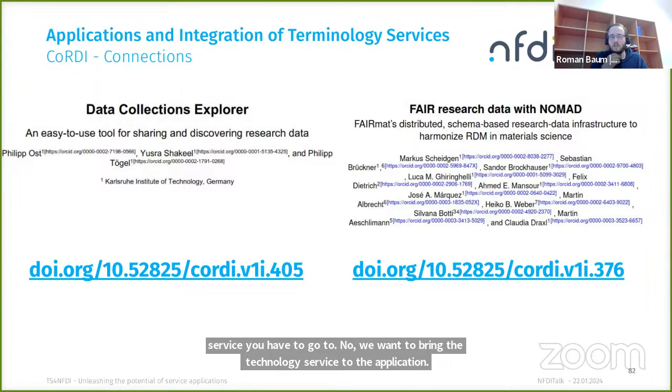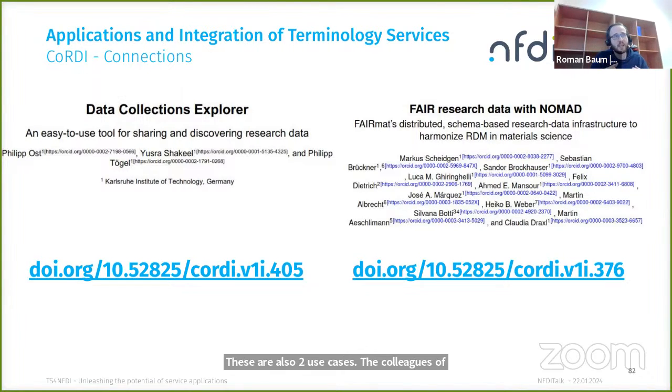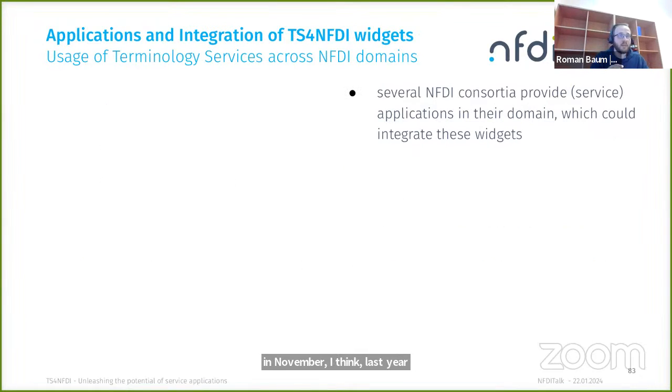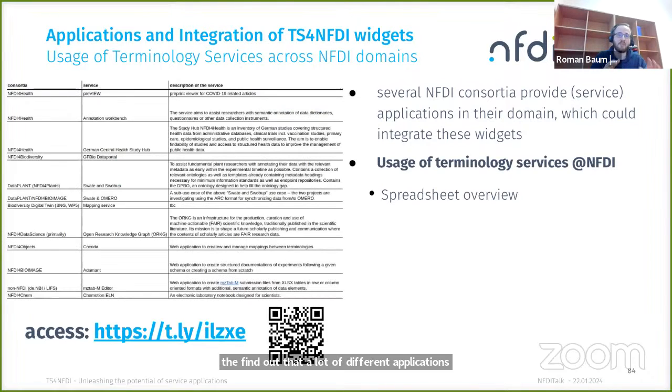The colleagues of Nomad already presented their tool in our working group in November, I think, last year. And what we did with them and all the others is that we also found out that a lot of different applications exist in the NFDI. For that, we created a second spreadsheet with usage of terminology service.